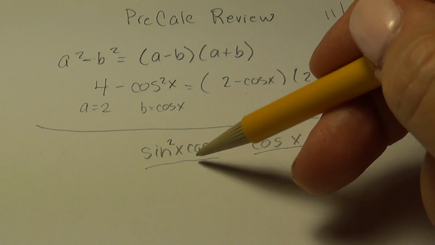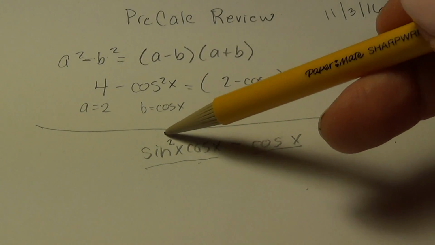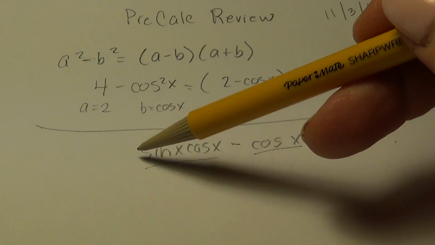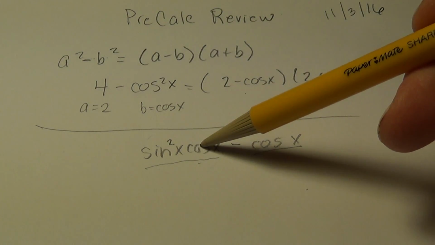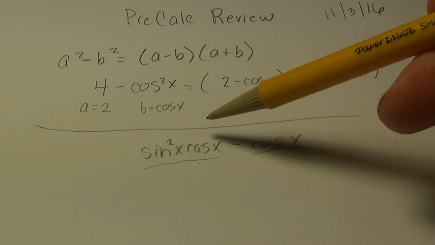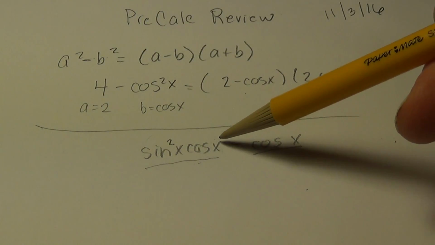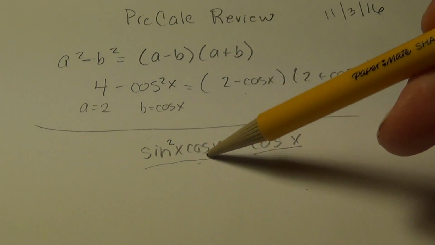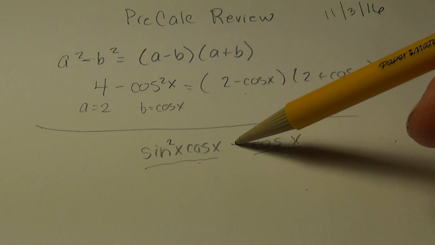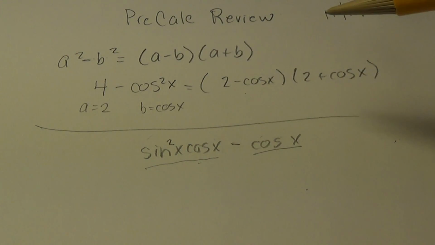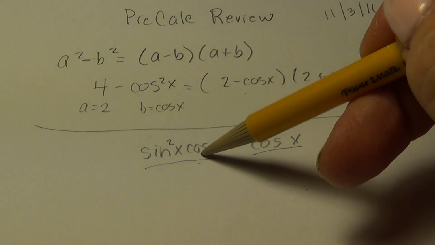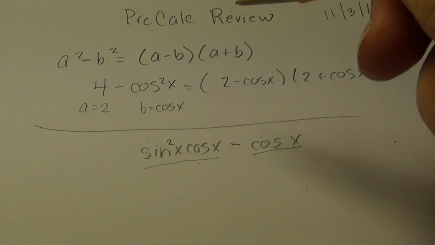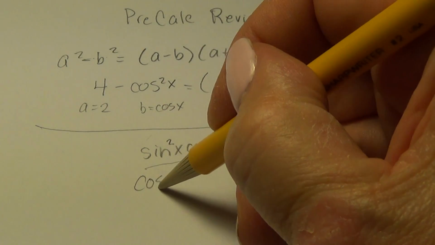So what does this term? Remember, terms are connected by addition. Inside of a term, the connecting glue is multiply and divide. But in between terms, the connecting glue is minus and plus. So here we have one term, two terms, and the plus or minus divide the terms. So in the first term, this has a cosine, and the second term also a cosine, so I'm going to factor it out.